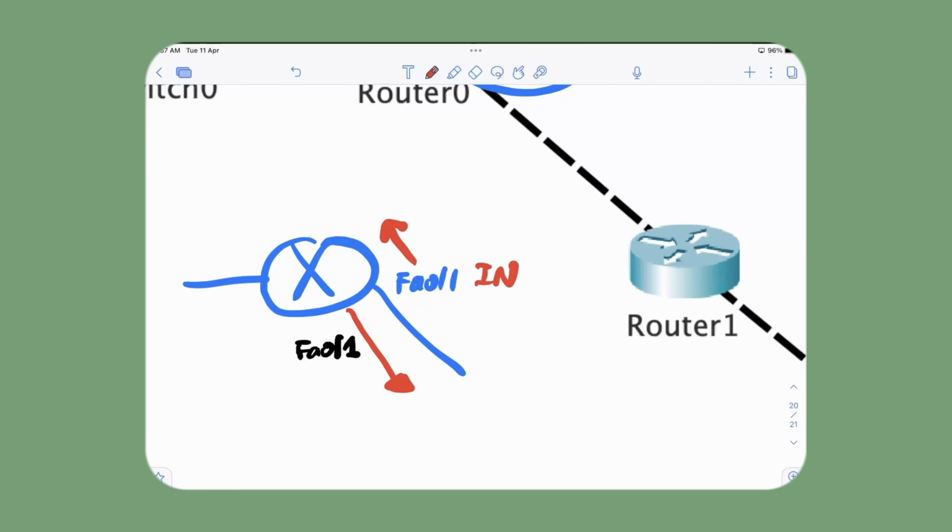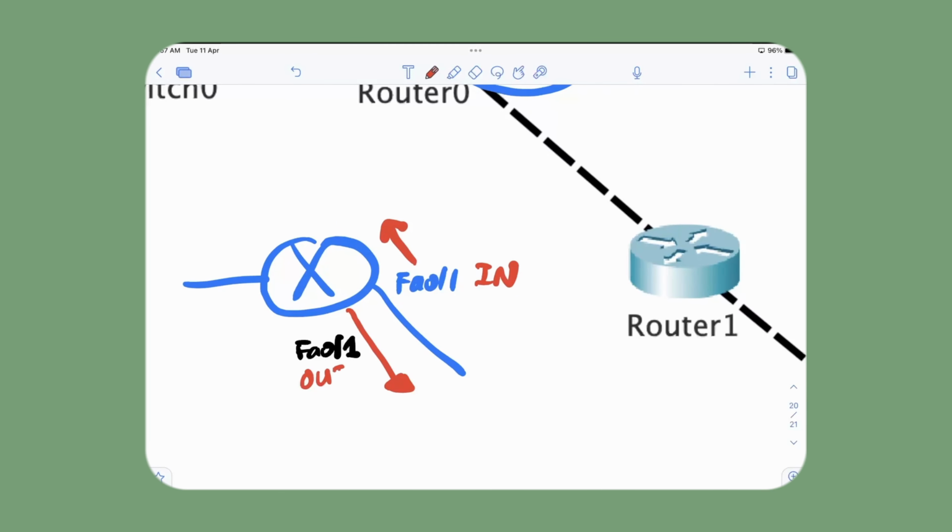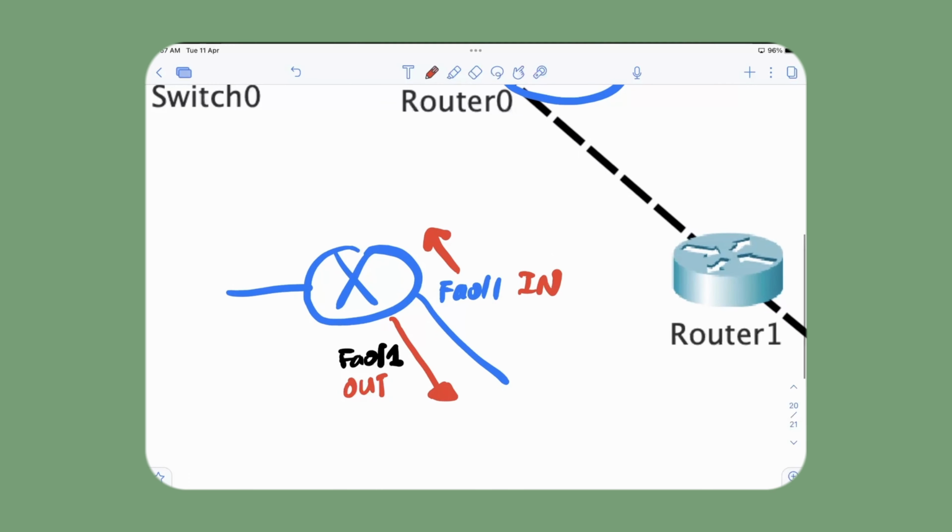So this one, I call this out. So in this case, I got 2. Understand or not? So here we also need to choose one. Now, should I choose in or out? In or out? You must see how the packet flows.